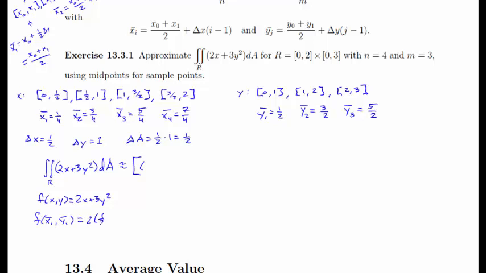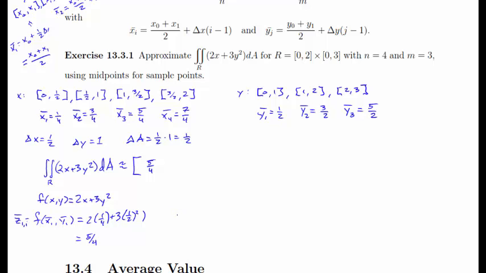So that's going to be 2 times 1/4 plus 3 times 1/2 squared, which equals 2/4 plus 3/4, which is 5/4. So this is z sub 1, 1.